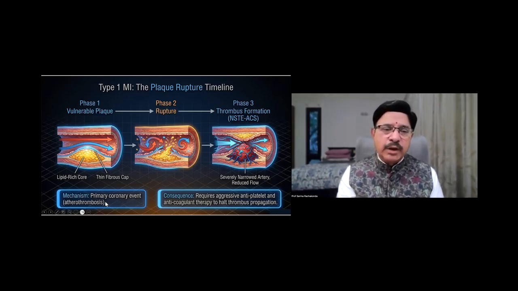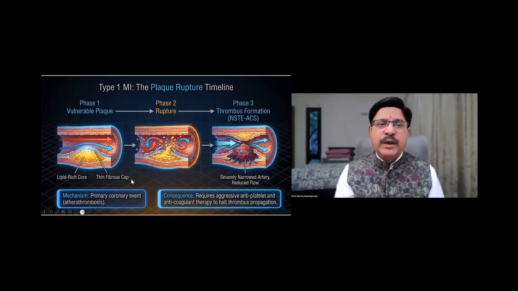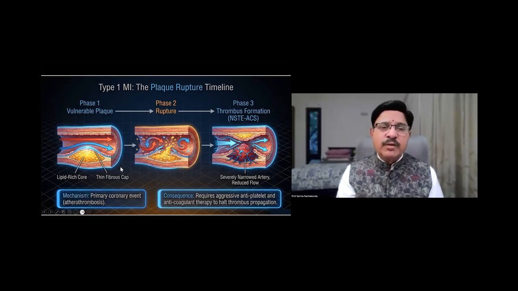Primary coronary event, atherothrombosis. What is this? Atheroma is this one. Atheroma went into thrombosis, atherothrombosis due to rupture of the fibrous cap. The fibrous cap here is usually thin, unlike a non-vulnerable plaque where the fibrous caps are very thick.